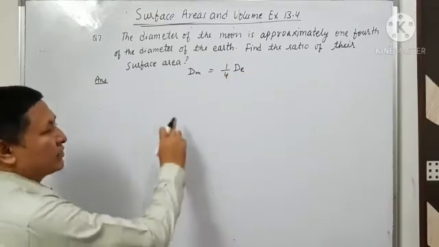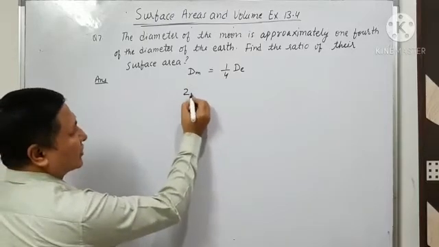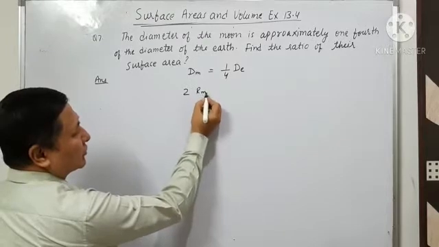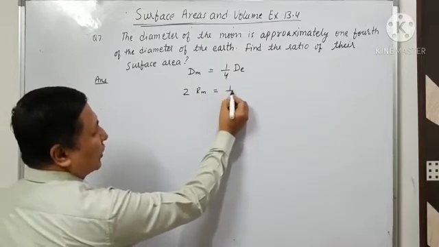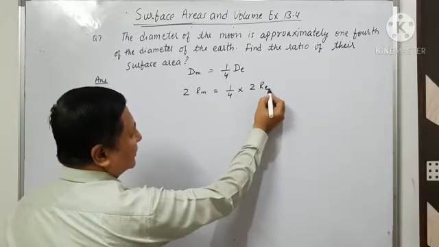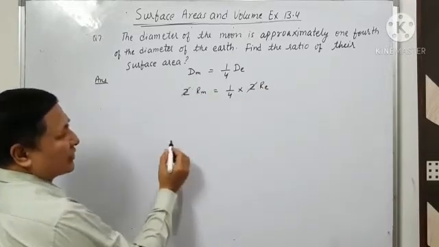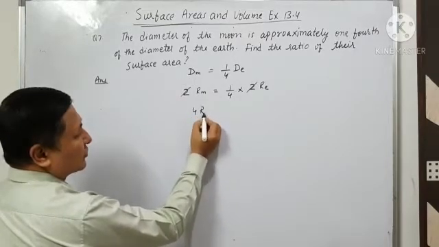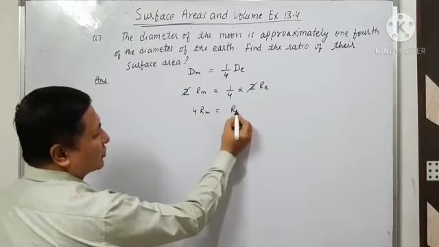So we know that diameter is twice the radius, so twice the radius of the moon is equals to 1/4 into twice the radius of the earth. This 2 will cancel from both the sides. So when we cross multiply, 4 times the radius of moon is equals to the radius of the earth.